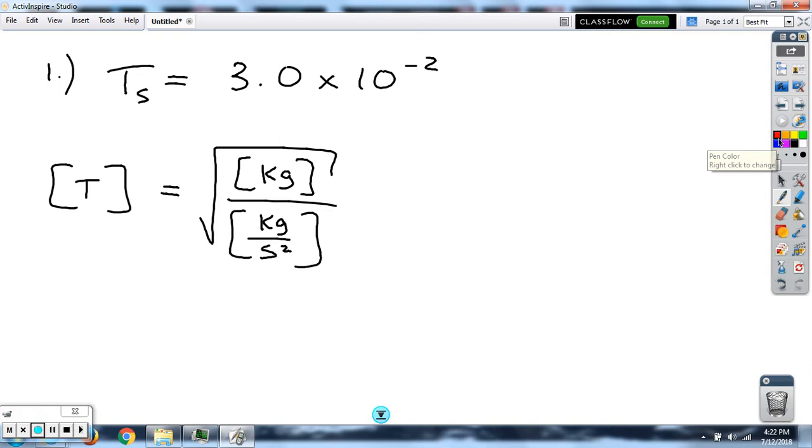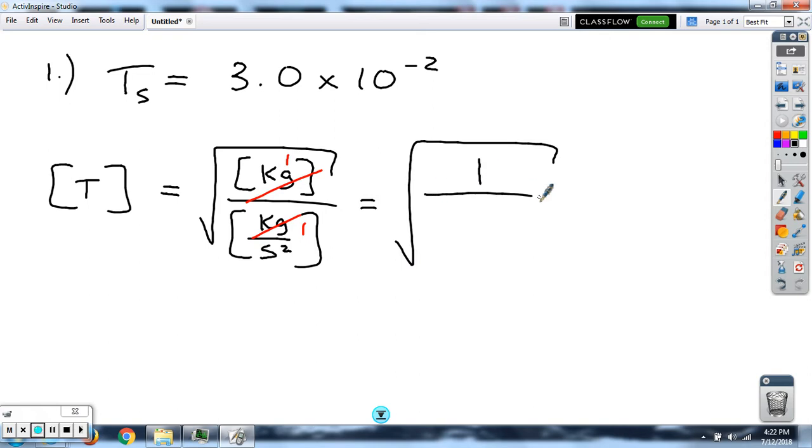You have a kilogram on top and a kilogram on the bottom. So they cancel. Now without simplifying just yet, I'll do an extra step here just so you can see what I'm left with is 1 over second squared.